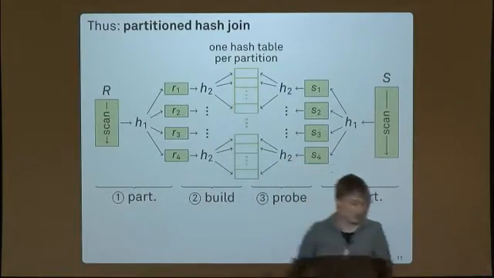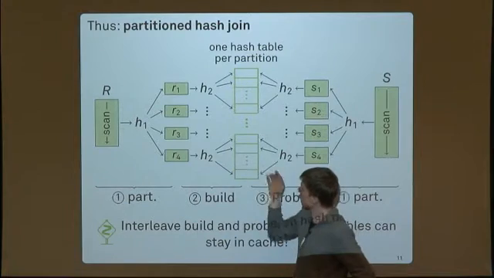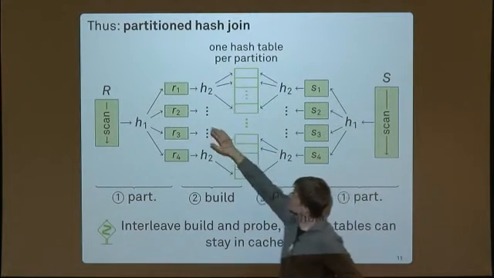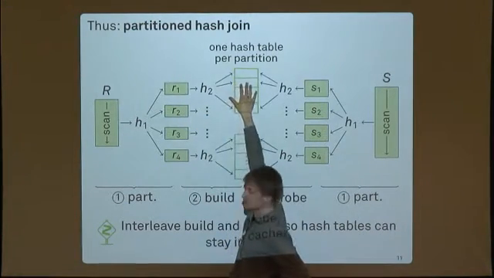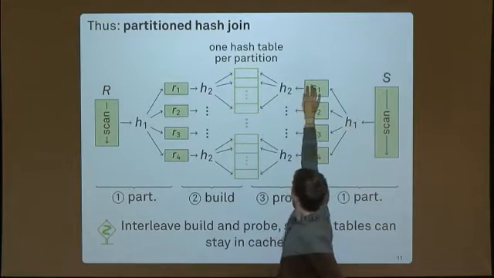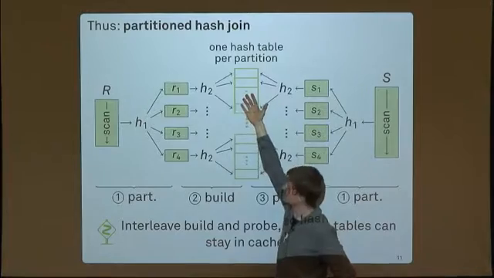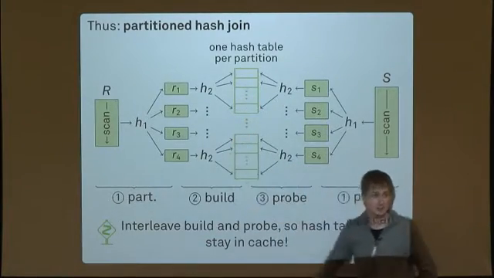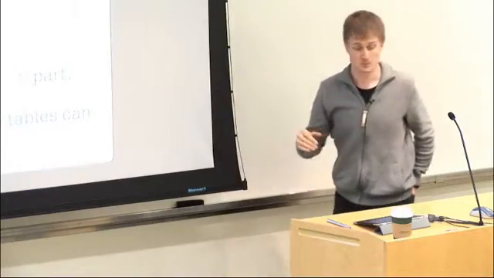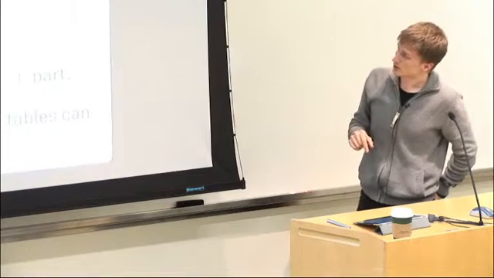If instead you interleave the build and probe phases, you can reach a situation where you build up that hash table, it sits in the cache, then you probe from that side, you use the data that's readily in the cache, and then you move on to the next partition. And again, you can save a lot of cache misses from that.